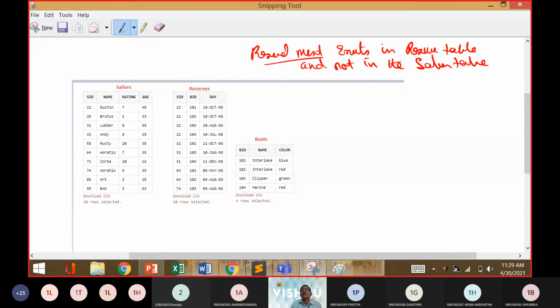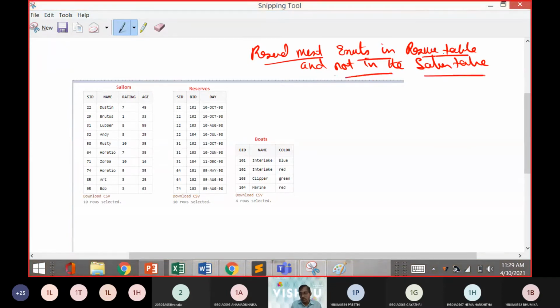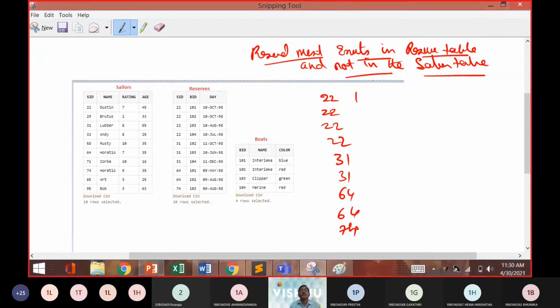Records must exist in the reserves table and not in the Sailors table. So that is the condition we are going to check. So 22, 22, 22, 22. Then we should have 31, 31, 64, 64, 74. They are booking 101, 102, 103, 104. This is all the entities that are going to happen.